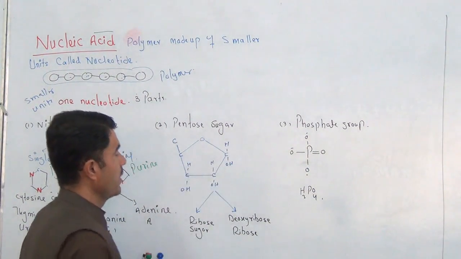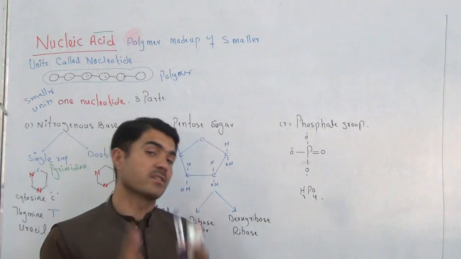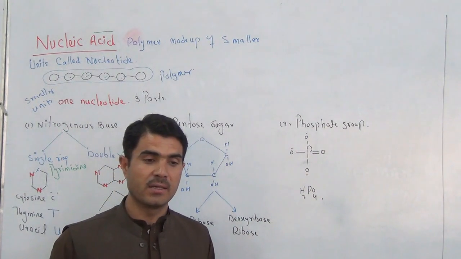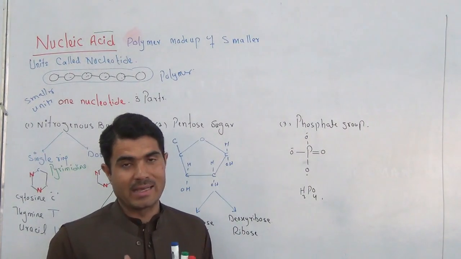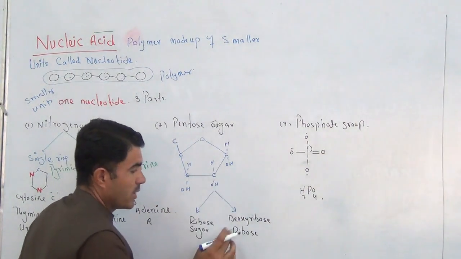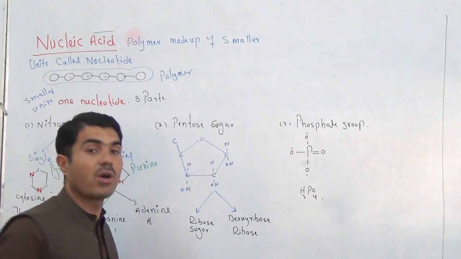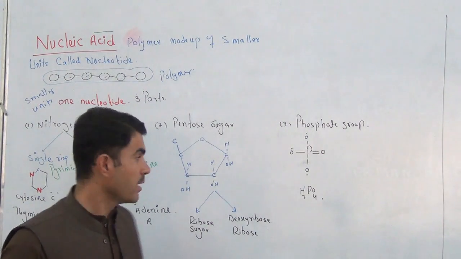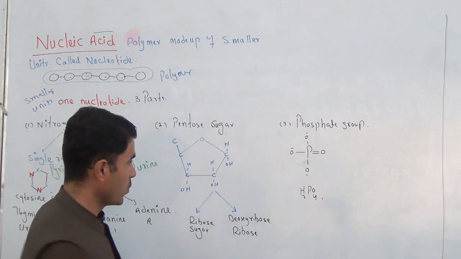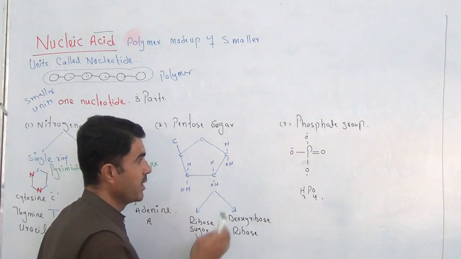Okay. The pentose sugar is of 2 types. You must remember that. It will be useful for you and us next time. One is ribose sugar, the second one is deoxyribose sugar. Ribose sugar is that sugar which contains OH on carbon number 2.